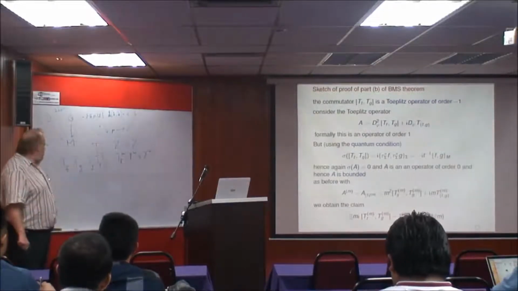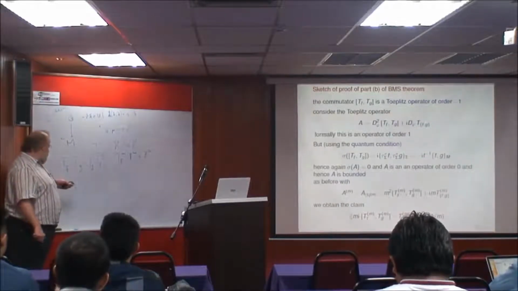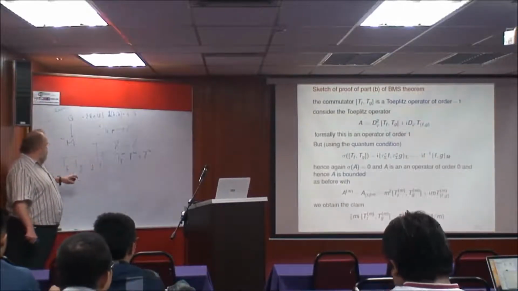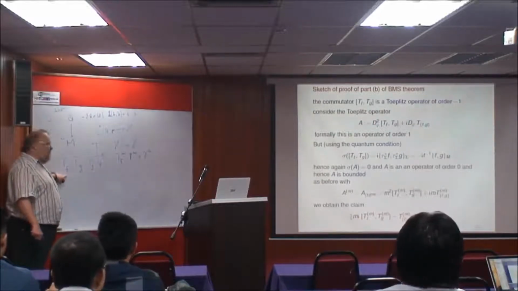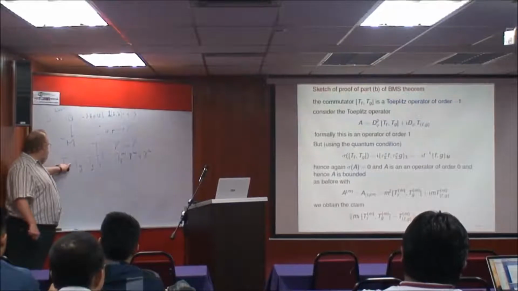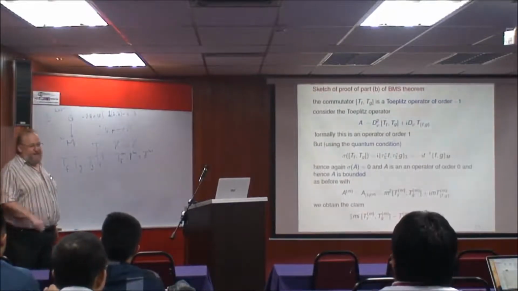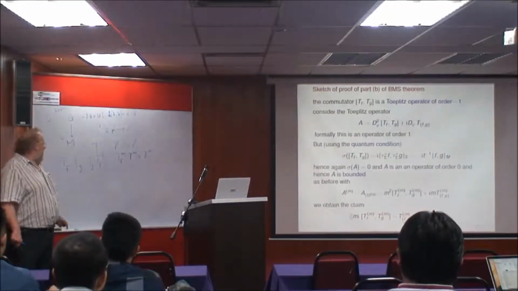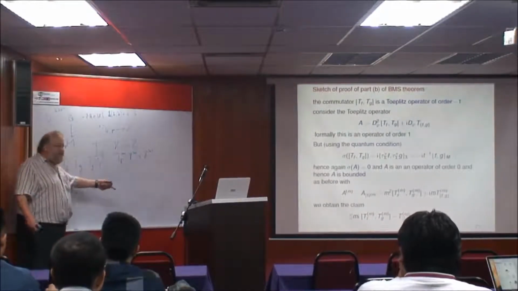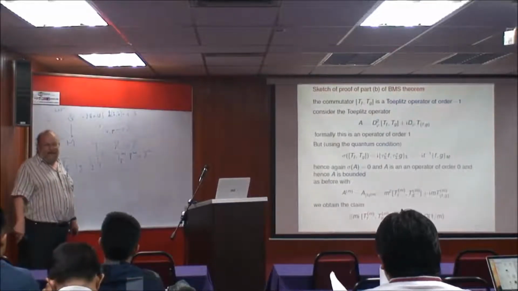But what about its symbol? We did this on the previous slide, or the two previous slides. The symbol of T_f times T_g was f times g, or maybe the pullback of f times g, okay? Here, the symbol is g times f, the pullback of g times f. But the functions commute.